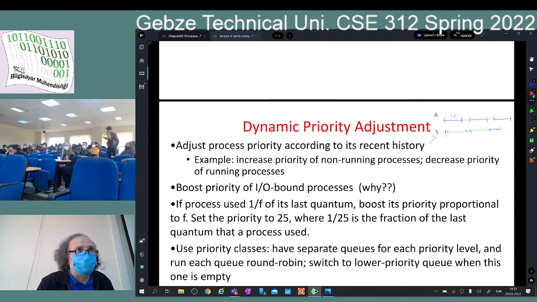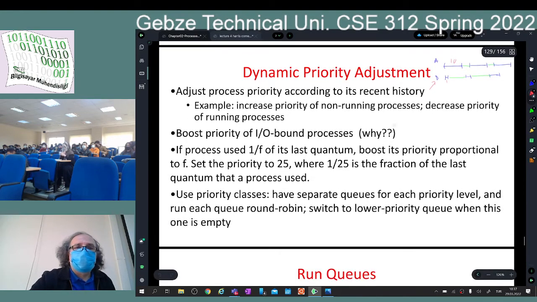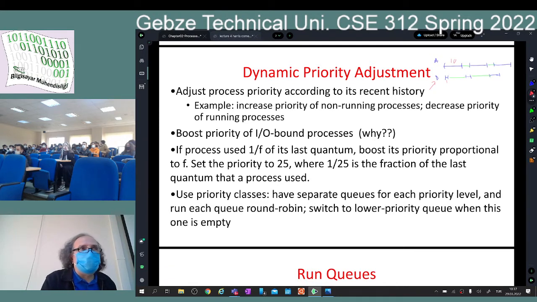That's what we said, and then the question is, how are we going to know that one process is an interactive process and the others are not? Well, it is not that easy to know it, but we can always check how much of their allocated time, quantum time, they have used for their last run. If I have given a process 25 milliseconds, and if that process used only 5 milliseconds of it, that means that maybe I should increase the priority of it by 5, okay?